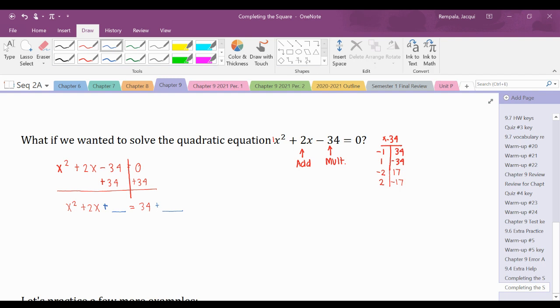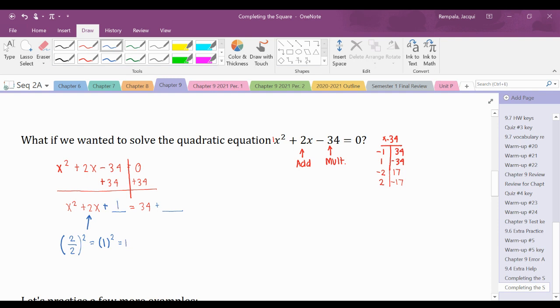The process to do that relates to this 2 that is connected to the x. I am going to take that 2, divide it by 2, and then square it. So if I take it step by step, in parentheses, 2 divided by 2 is 1. If I square the number 1, it's really 1 times 1, which is 1.